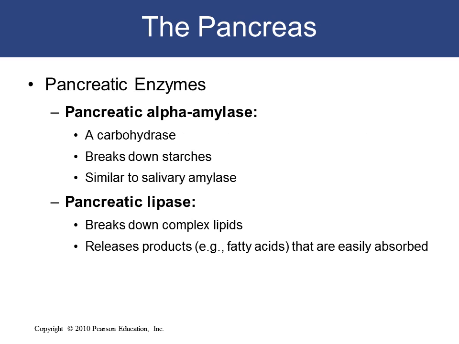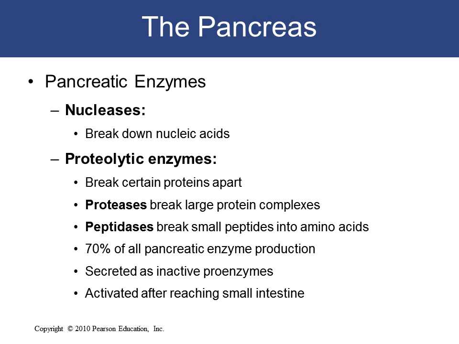The pancreatic enzymes are, first, pancreatic alpha amylase, which is a carbohydrate enzyme that breaks down starches, and its role is similar to salivary amylase from the salivary gland. Second is pancreatic lipase, which breaks down complex lipids and releases products, such as fatty acids, that are easily absorbed.